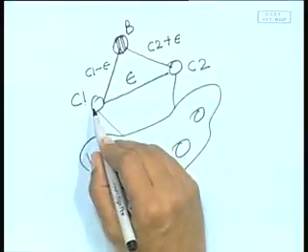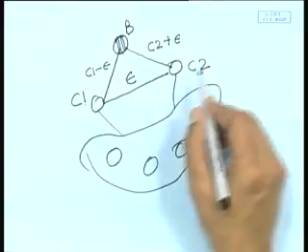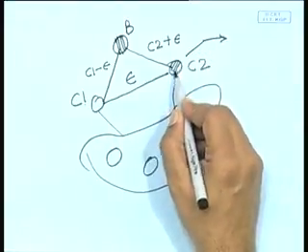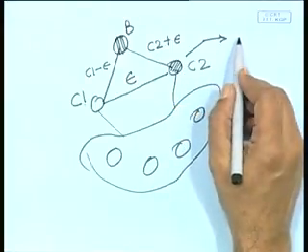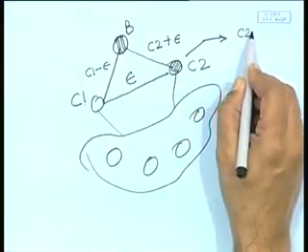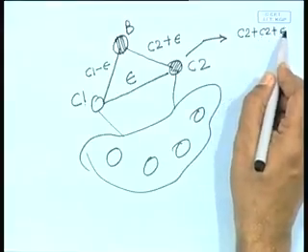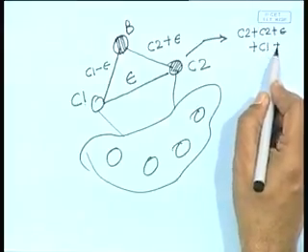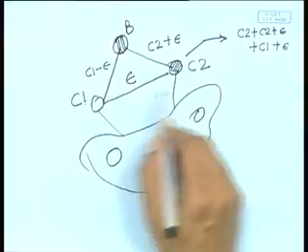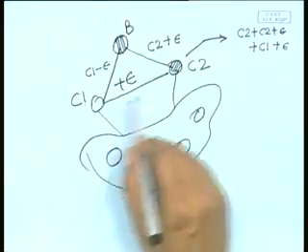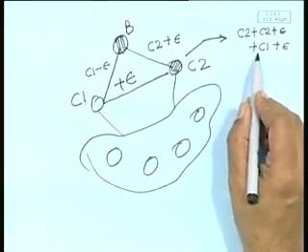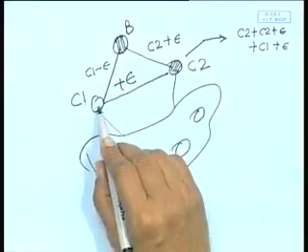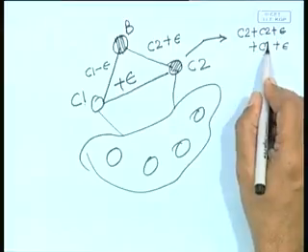So, the sum calculated by this clock C2 will be C2 plus epsilon plus C1, let us say plus epsilon, they differ by plus epsilon. Okay, this has transmitted its own time, so that is okay, C2 plus epsilon.